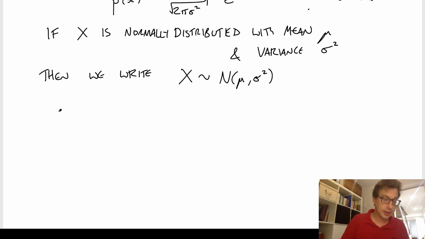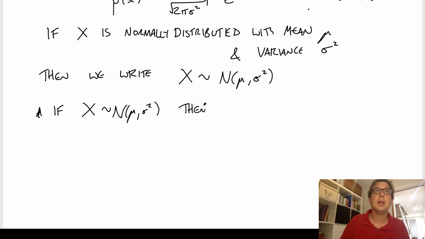We can say that they're connected as follows. If x is normally distributed with parameters mu and sigma squared, then I can get to a standard normal distribution by taking x and deducting its mean. Notice that if the mean of x is mu, then the mean of x minus mu is going to be 0.